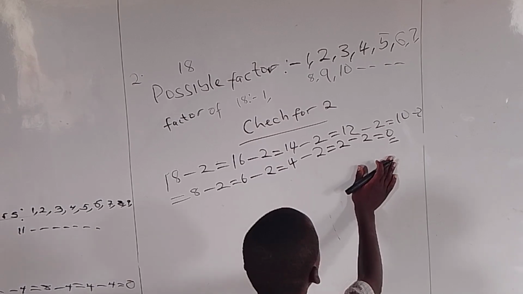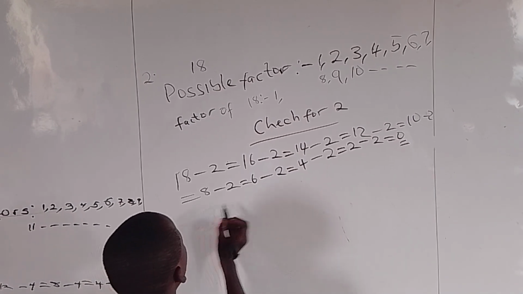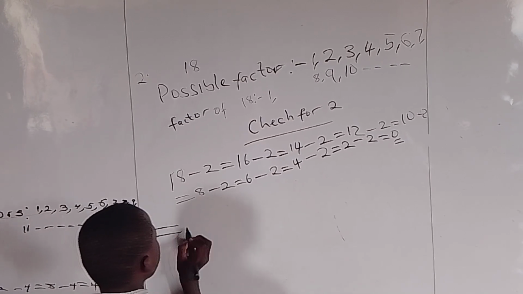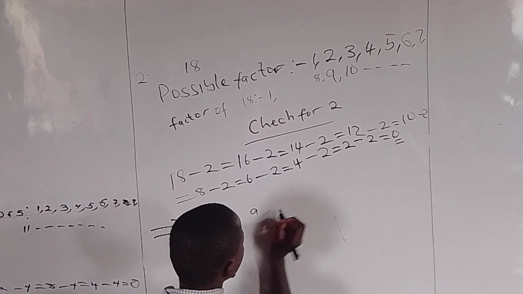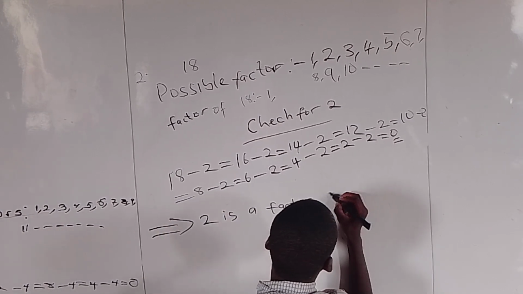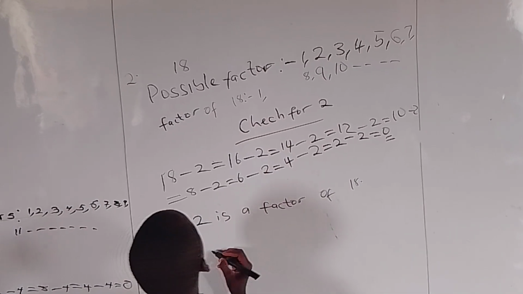Since our answer is 0, that means 2 is a factor of 18.